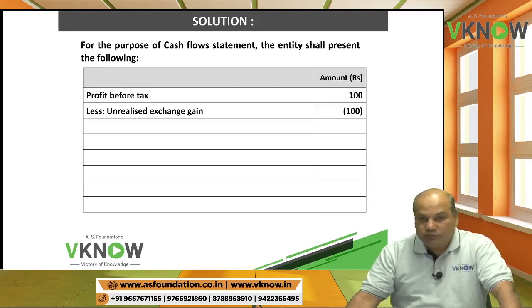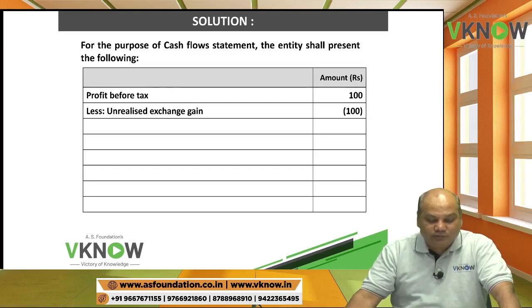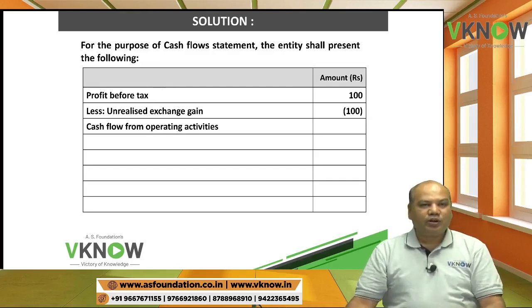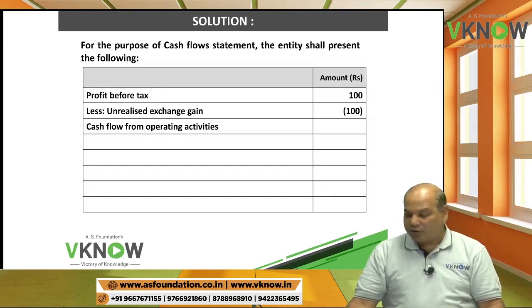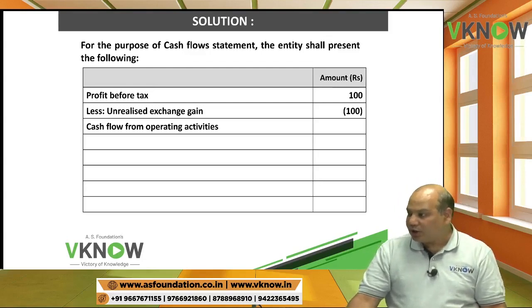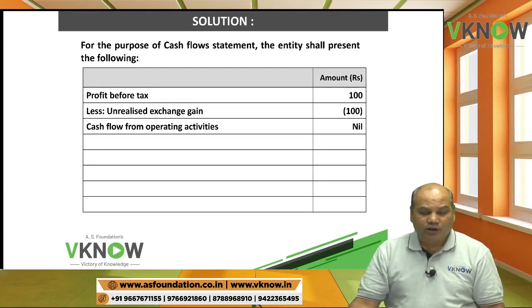So I am going to reverse it because it is unrealized. So what is my cash flow from operating activity? If I reverse it, it is a non-cash item, I have reversed it. My operating activity cash flow is 0.